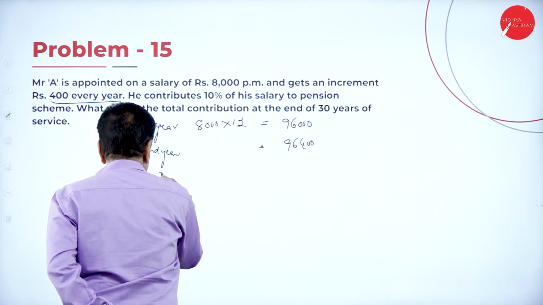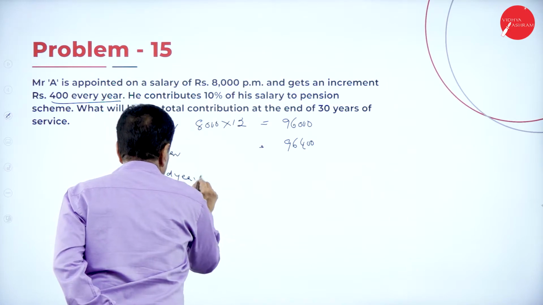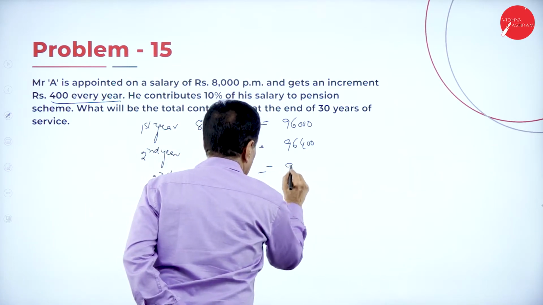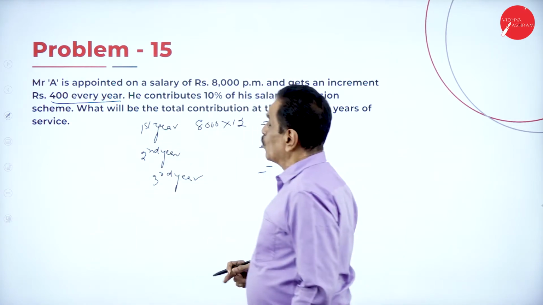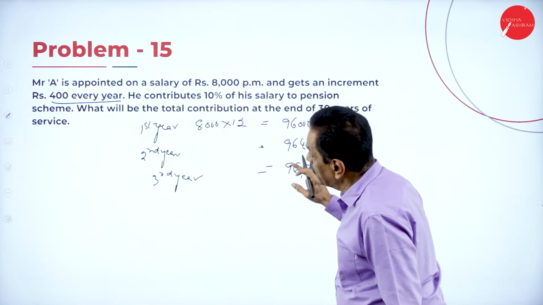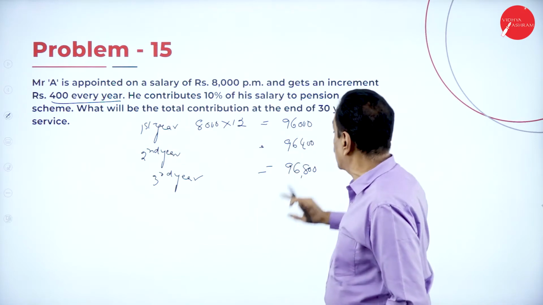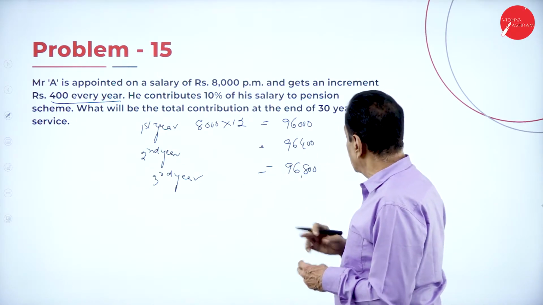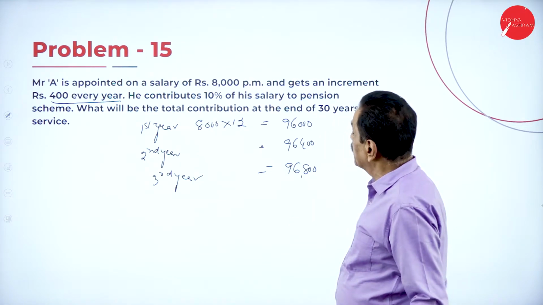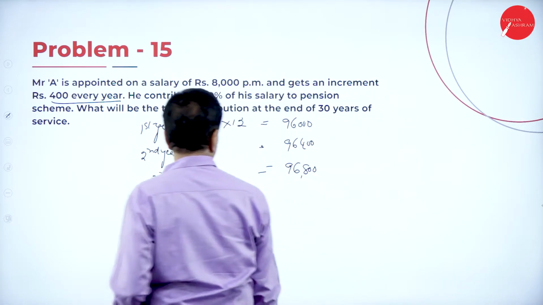Third year, 96,800. Every year it increases by 400. The 96,000 is not per month, it is per annum. Second year 96,400, then 96,800. Then he contributes 10% to his pension.